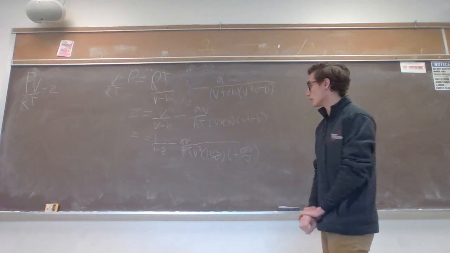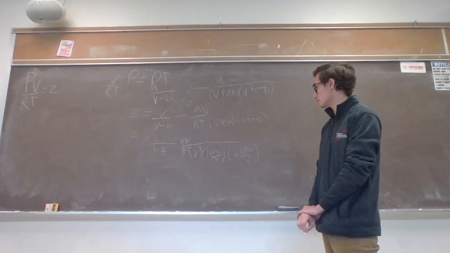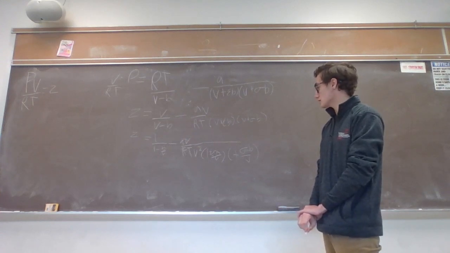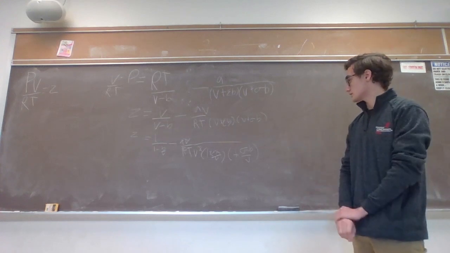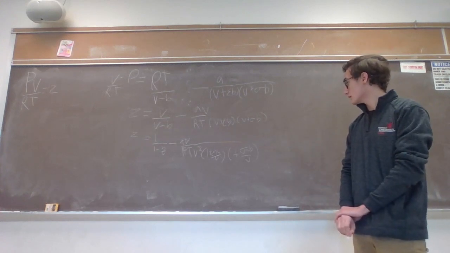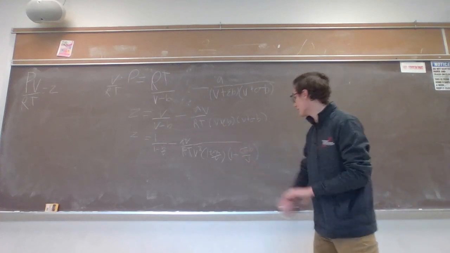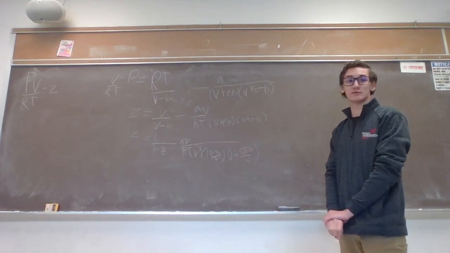So we have 1 over 1 minus b over V, minus a divided by RT over V times 1 plus epsilon b over V, multiplied by 1 plus sigma b over V.